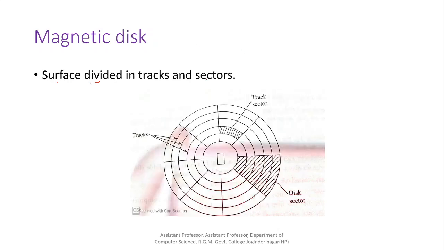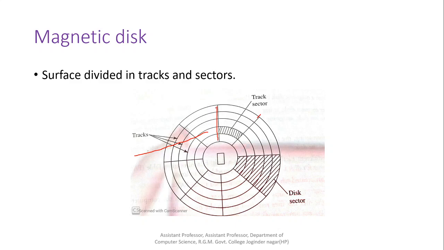So this is the block diagram for a magnetic disk, and this is the surface of the disk, and the surface is divided into tracks and sectors. Tracks are concentric circles, so these circles are called tracks, and they are further divided by pie slices across all the tracks.